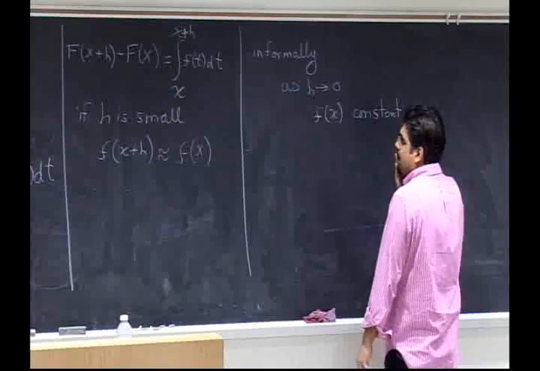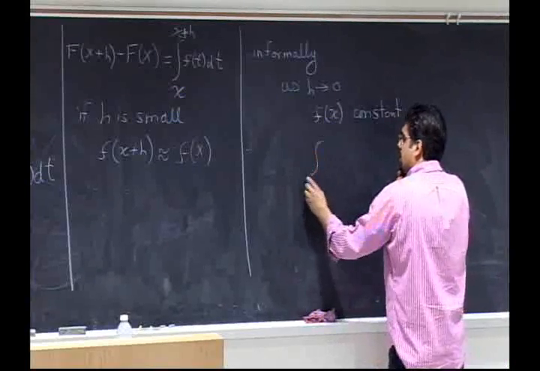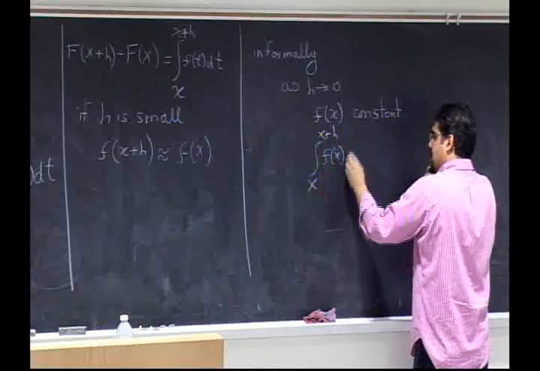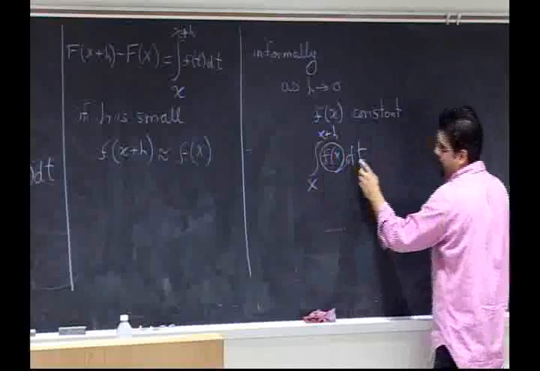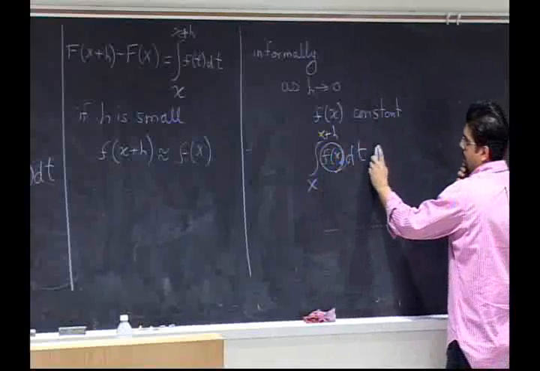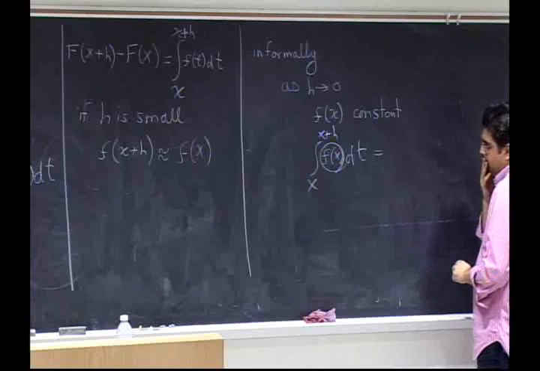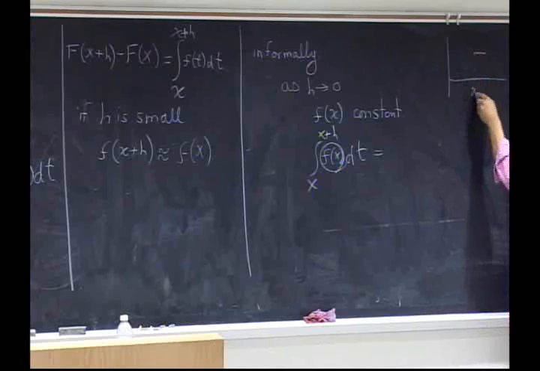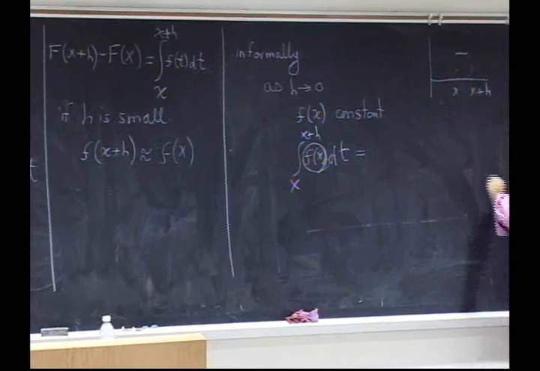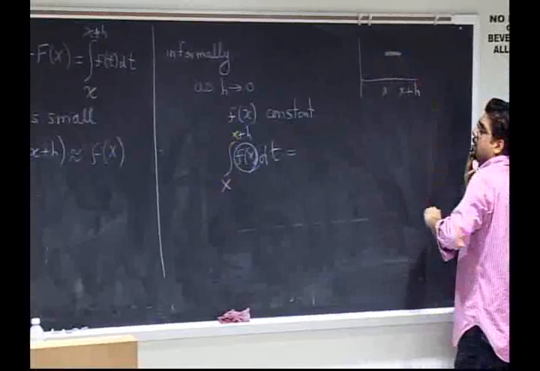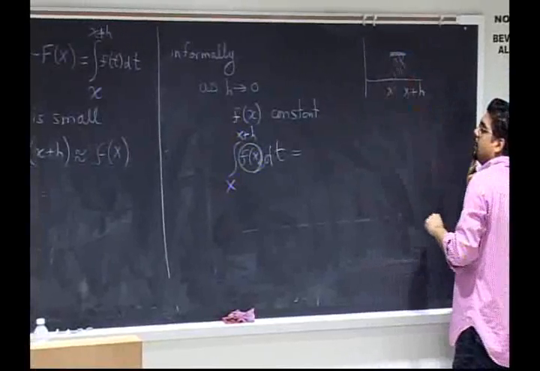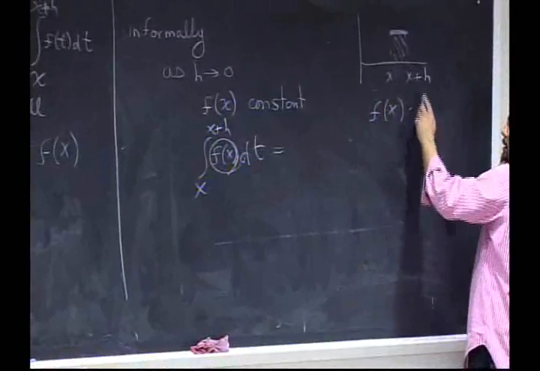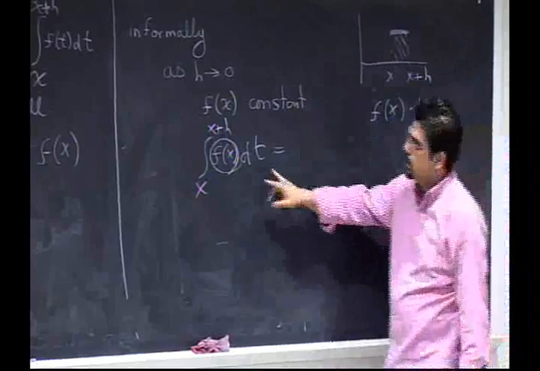So if I say that it's constant, then the integral from x to x plus h of f of x dt, and this is a constant because the variable is t here, what is that equal to? In other words, if I have a constant function from x to x plus h, what's the area here? f of x times h, right?